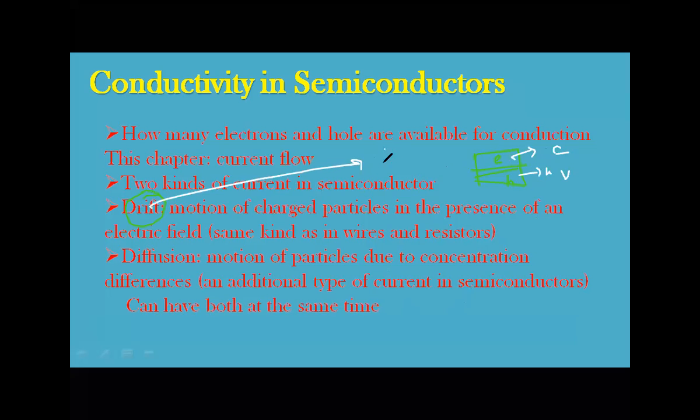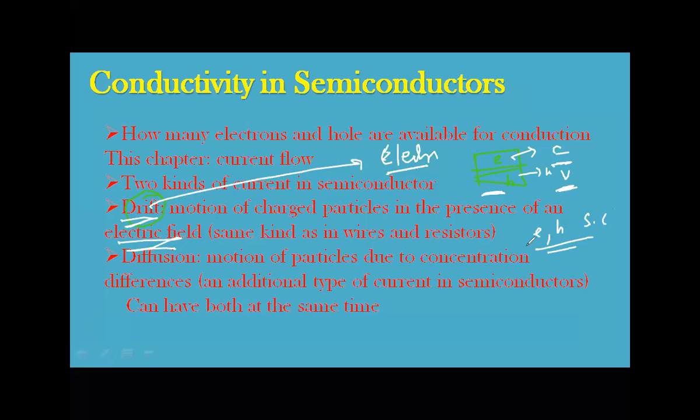Drift is nothing but you are applying the electric field. So when you apply the electric field, what happened? There is a force applied, right? When you apply the force, they move faster. Charges can get more velocity. So that is called drift velocity. So in the presence of electric field, the charge carriers which are available, electrons and holes in semiconductor, move faster.